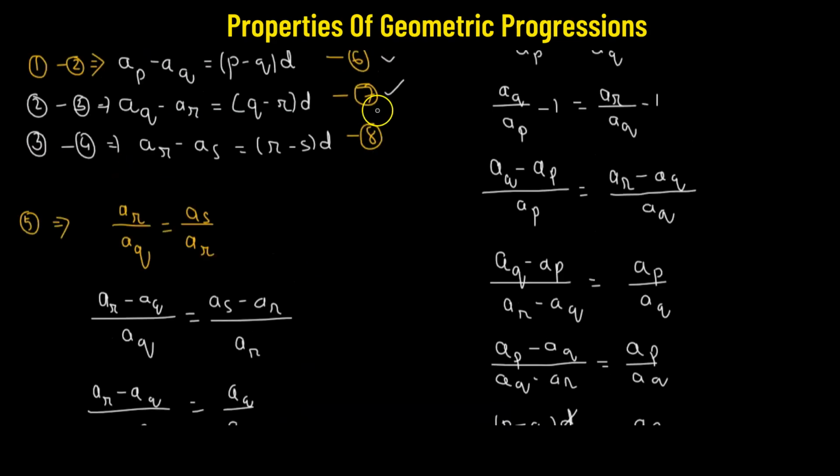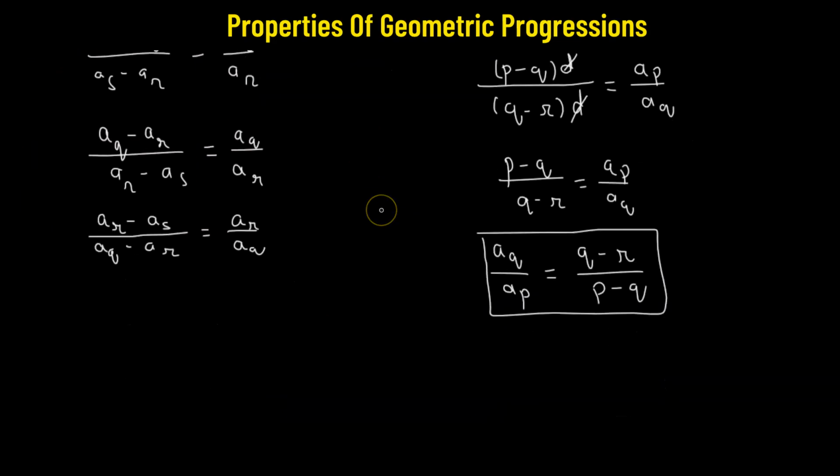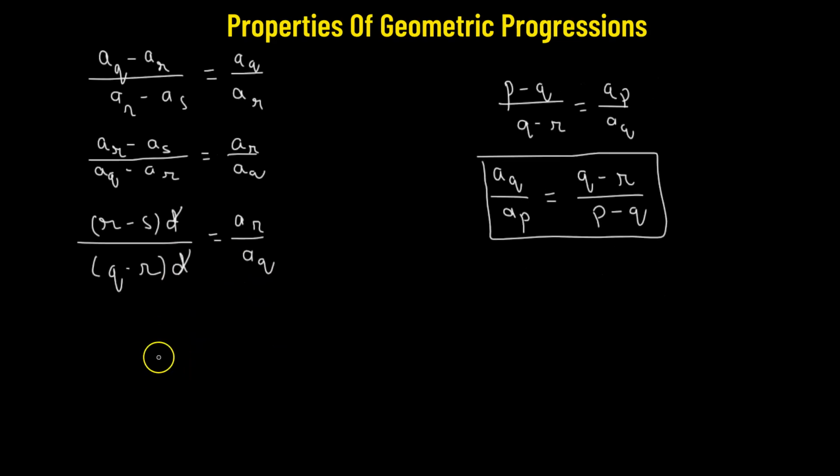Now we can use equation number 7 and 8. The Rth term minus the Sth term is simply R minus S multiplied by the common difference D, divided by Q minus R times the common difference D, which is equal to the Rth term divided by the Qth term. Here D and D cancel out, and we can rewrite the equation as the Rth term divided by the Qth term equals R minus S divided by Q minus R.